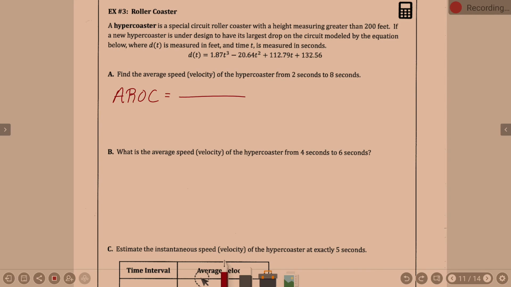Because if you think I'm writing that equation out, you're crazy. So d of 8 minus d of 2, over 8 minus 2.